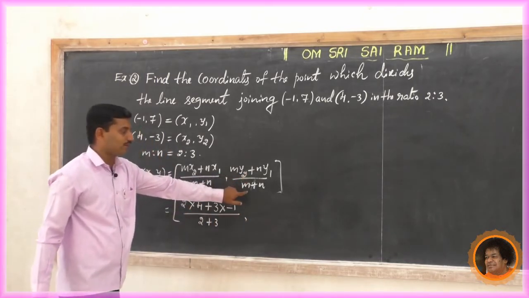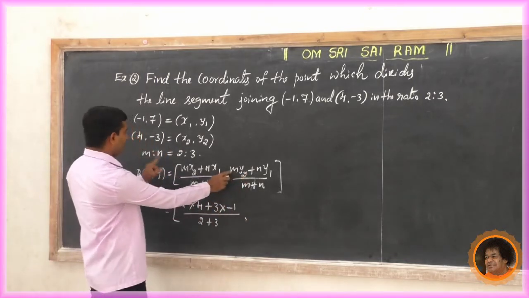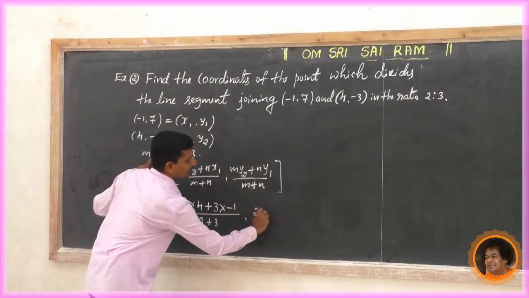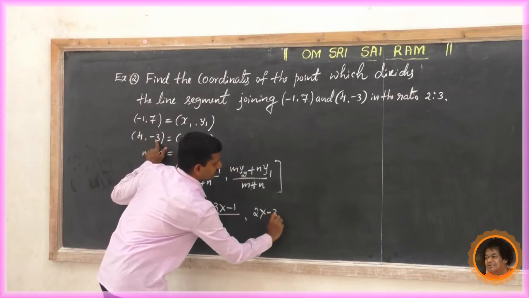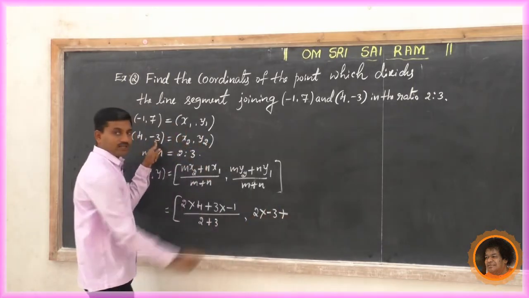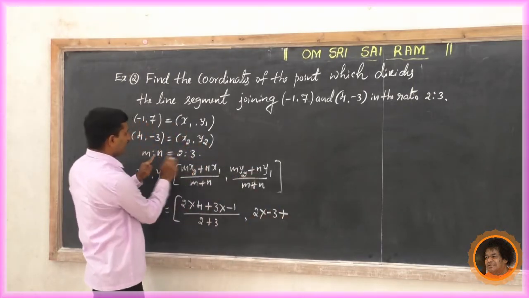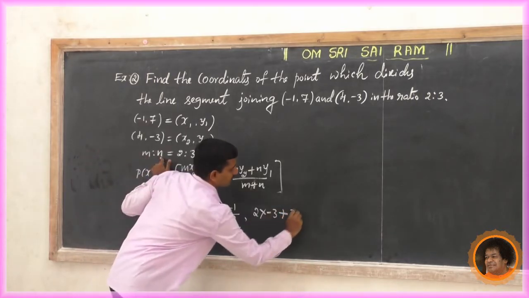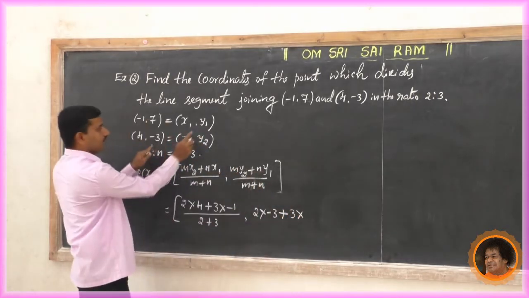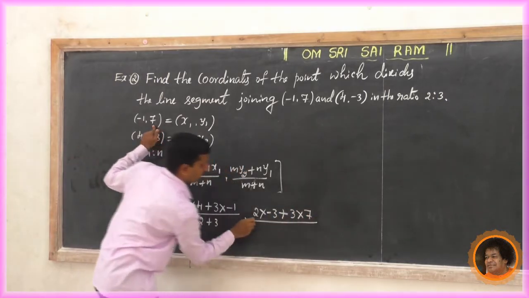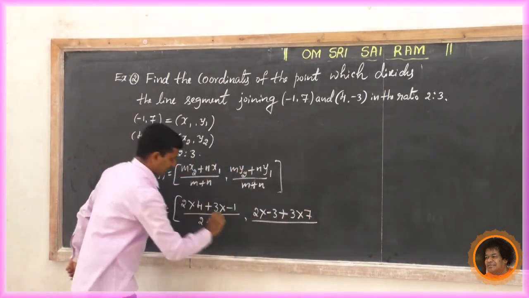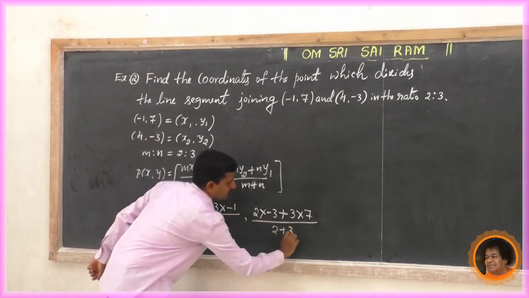Then my2 plus ny1 by m plus n. So here the m value is 2 into y2, so y2 value -3, plus ny1, so n value is 3, so 3 into y1, so y1 value is 7, divided by m plus n, 2 plus 3.